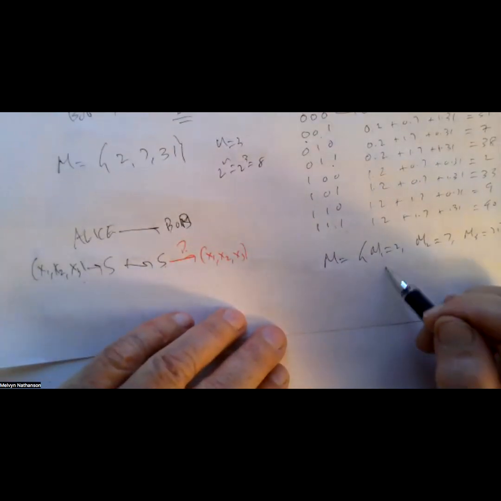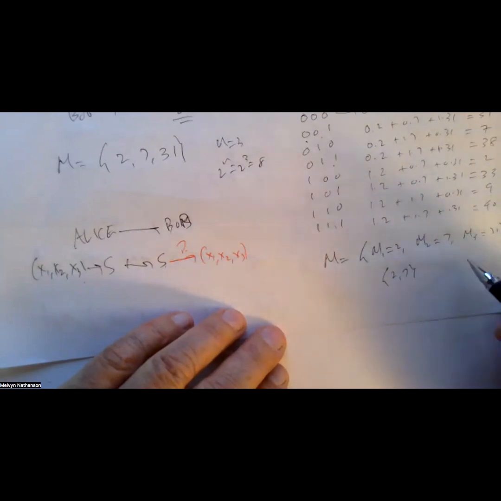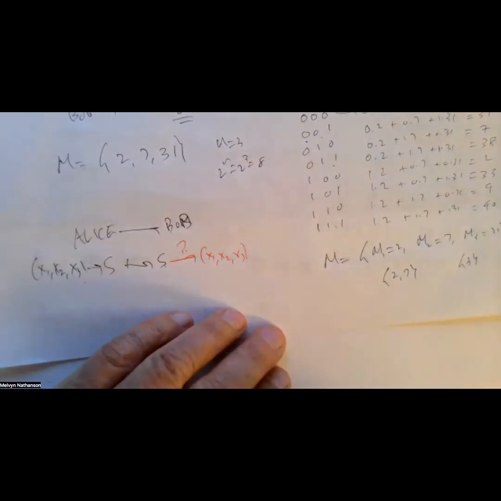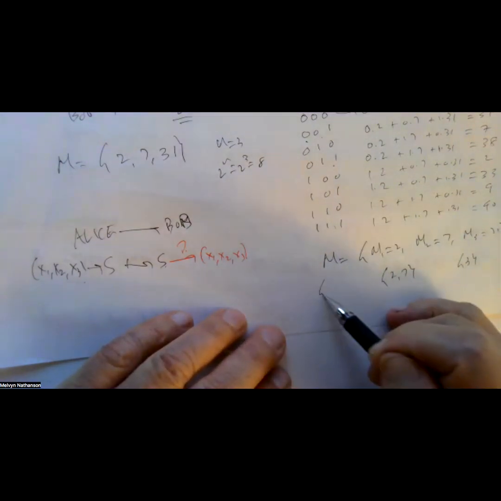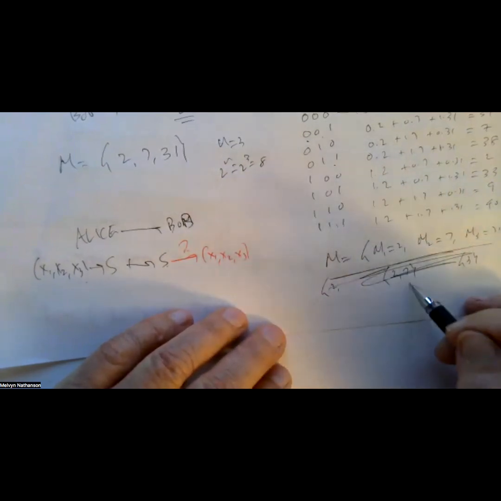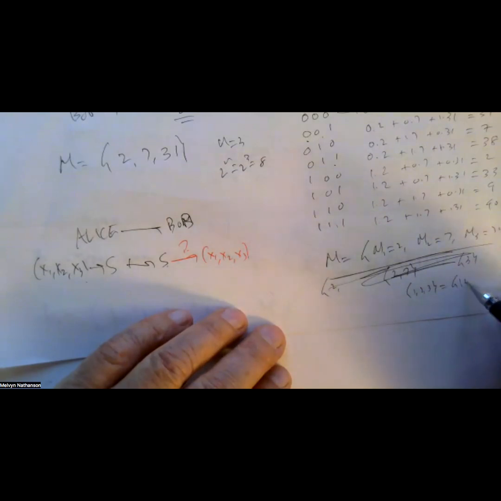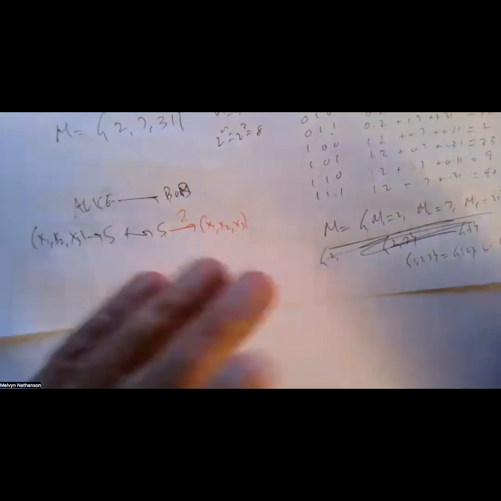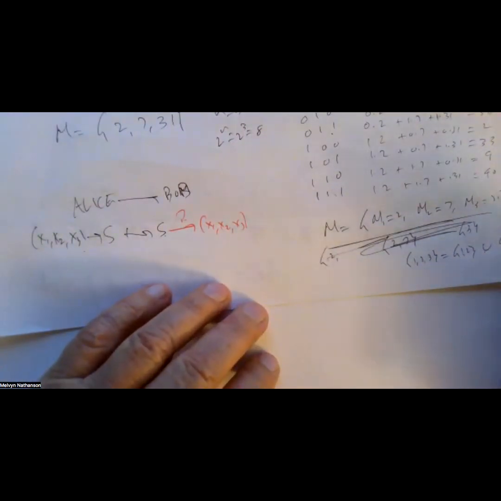So there are 3 numbers, and I divide it into 2 sets, 2 and 7, and 31. So the set 1, 2, 3 is the union of the sets 1, 2 and 3. That's all. Just take the set and divide it into 2 pieces.